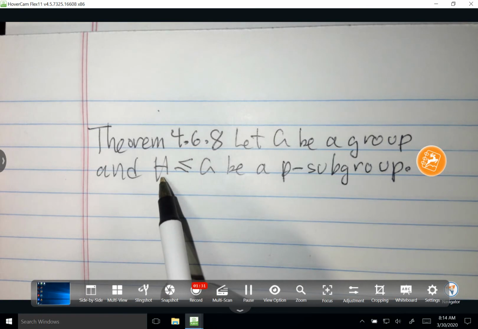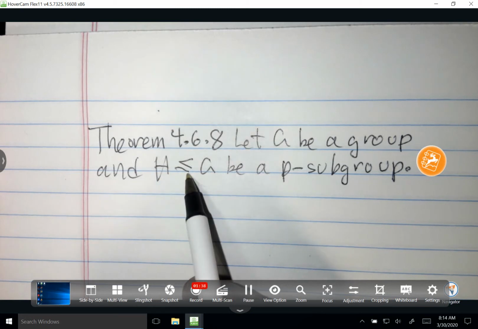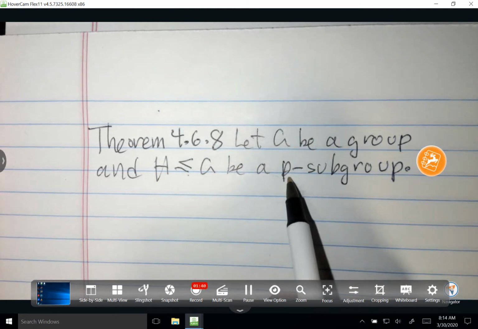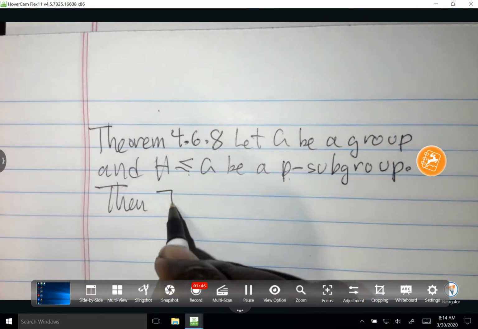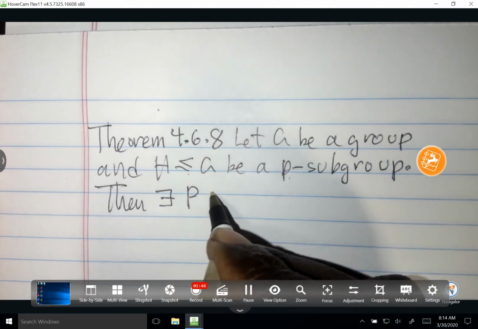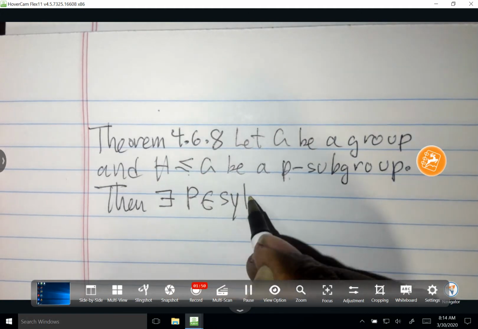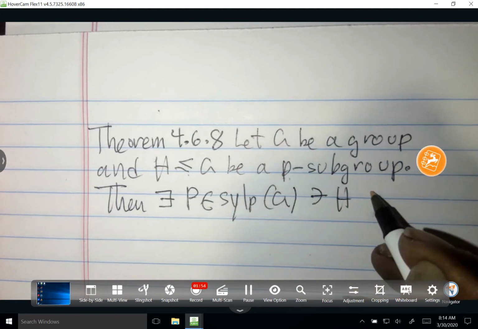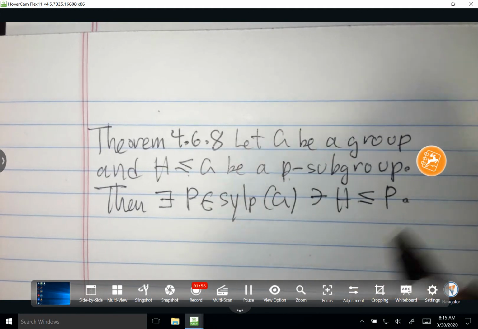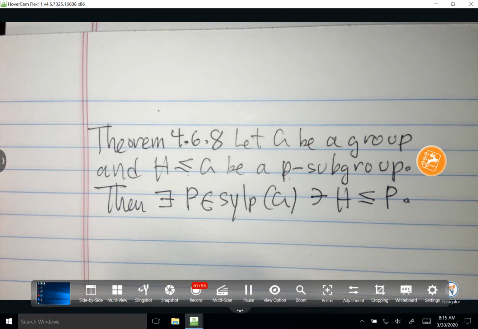It means it's a subgroup and it happens to be a P group. That's all it means. H is a subgroup and it happens to be a P group, so it's a P subgroup. Then there exists a Sylow P subgroup, I'll call it P, of G, such that H is a subgroup of P. So let's prove this.